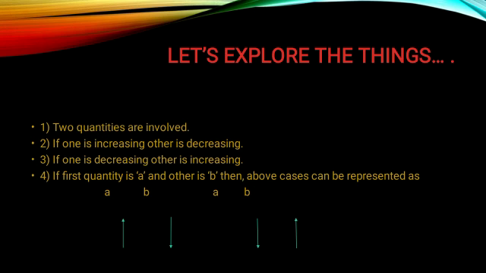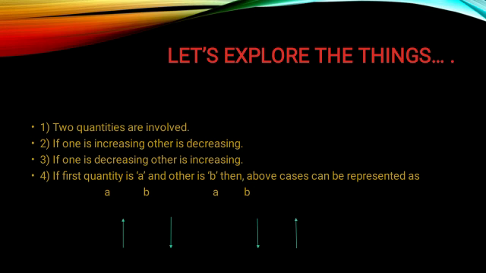Second, we have seen if one is increasing, the other is decreasing. Number 3, if one is decreasing, the other is increasing. Again I have taken it as a left hand side or right hand side problem. On the left hand side, second number is applicable, and on the right hand side, this third number is applicable, right? Then come to the fourth one. If the first quantity is A and the other is B, then the above cases can be represented by arrow diagrams. You can see here the arrows have been shifted a little bit.